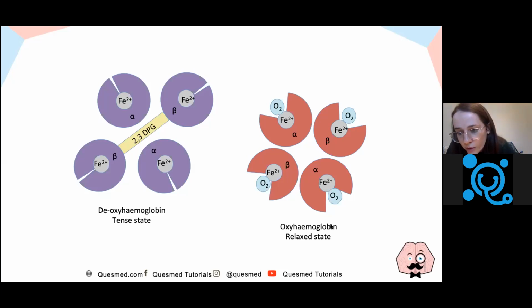Could you please go over how affinity affects offloading? So affinity basically means how well the hemoglobin holds on to oxygen. So reduced affinity means that the hemoglobin lets go of oxygen, whereas a high affinity means that the hemoglobin holds on to oxygen.